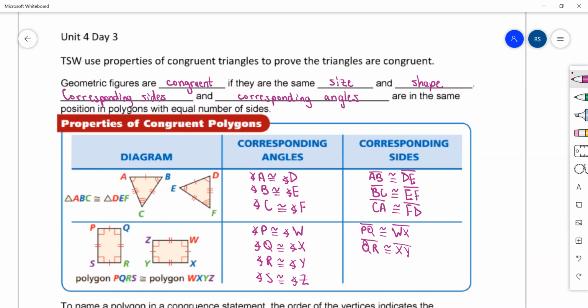Then I'm going to say RS is congruent to YZ. And last but not least, SP is congruent to ZW. So there's our corresponding parts.